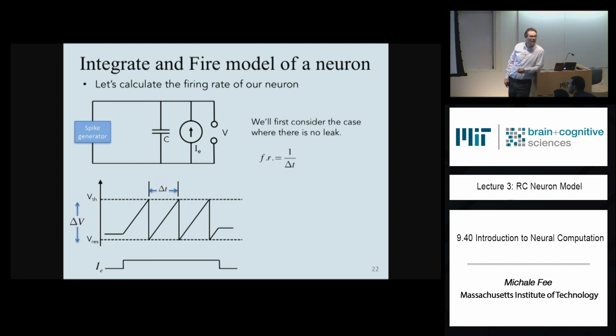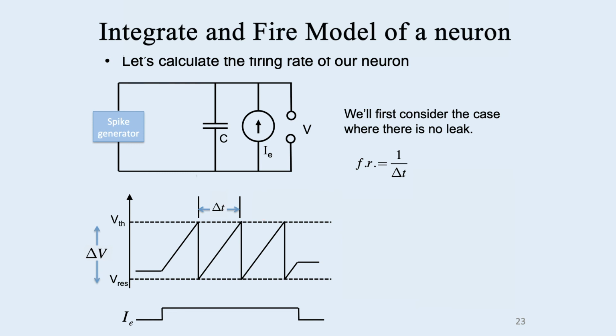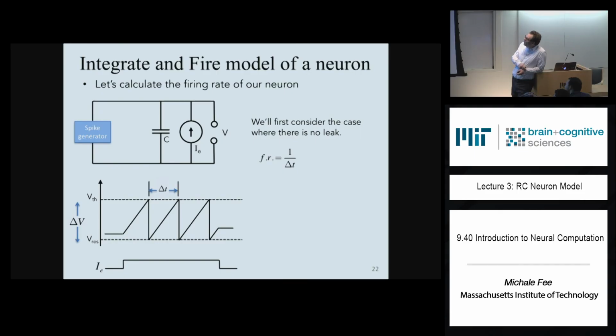Okay. How about right there, white shirt? What do you think? No, we're trying to calculate the time it takes for the voltage to go from here to here. What would it depend on?